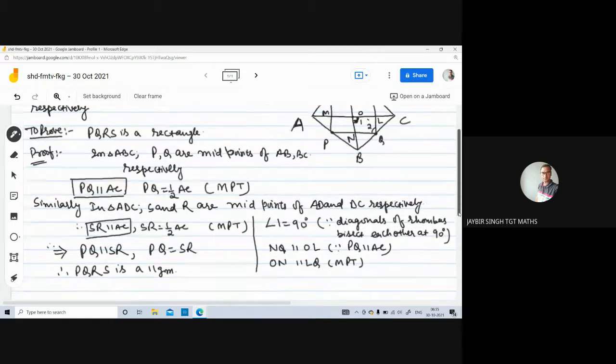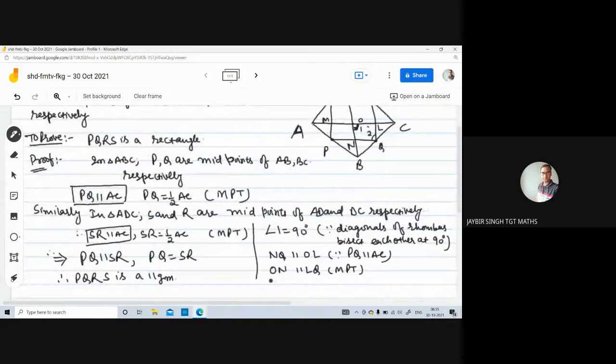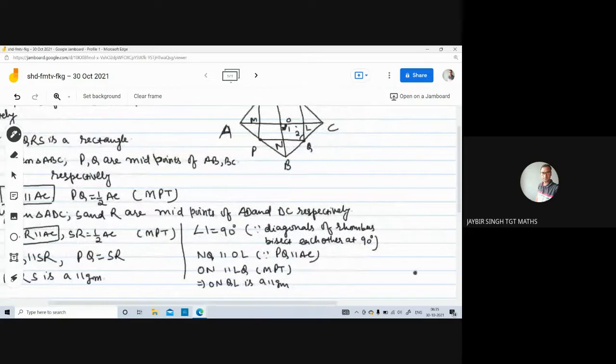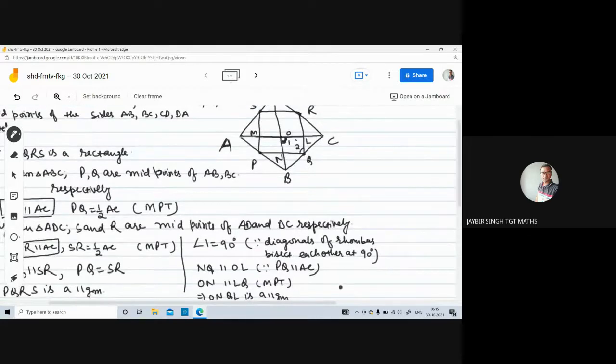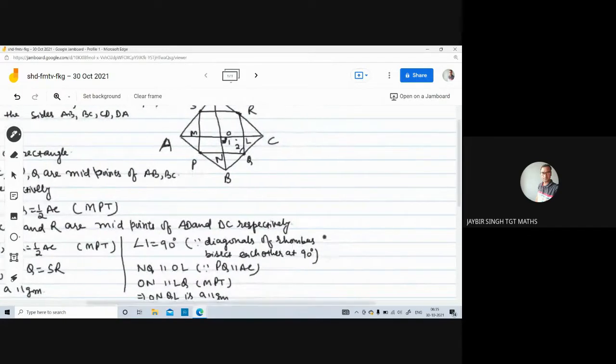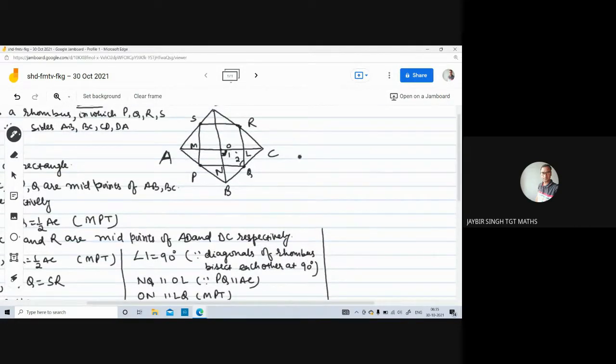Okay, so ONQL is a parallelogram. If it is a parallelogram, then see, this is a parallelogram.